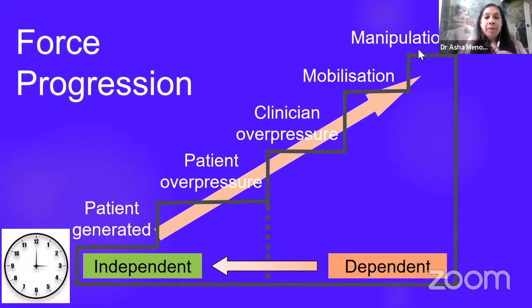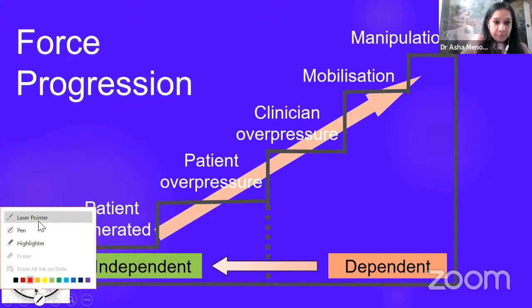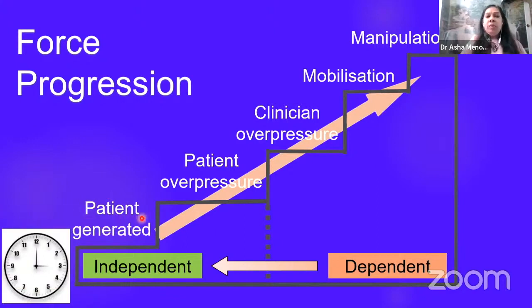So the patient does patient-generated forces, whereby he looks at his symptoms and knows he's getting better. He is problem solving here. Once again, if there is an increase in the symptoms, he finds out why, based on the education that we have given him, and then he knows how to reduce it.